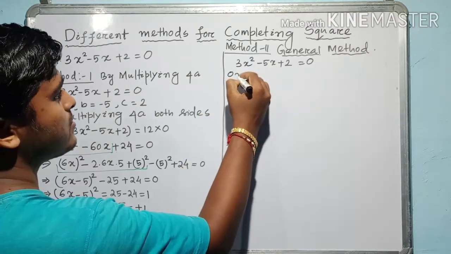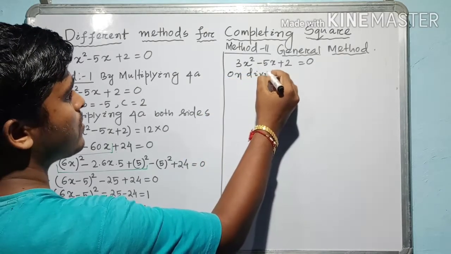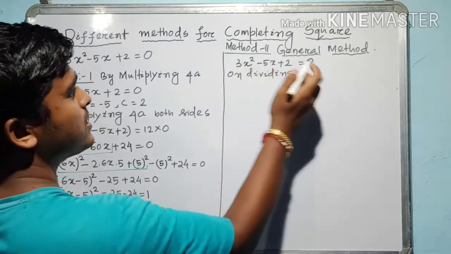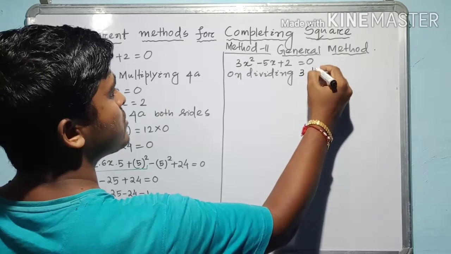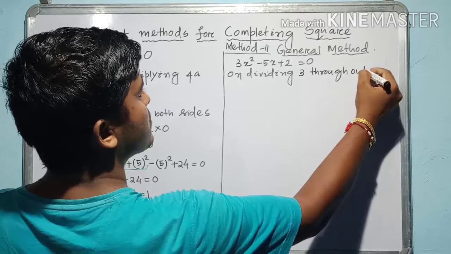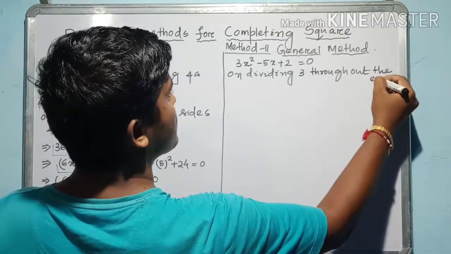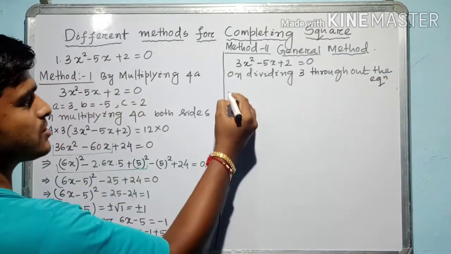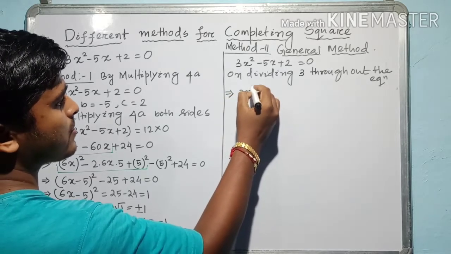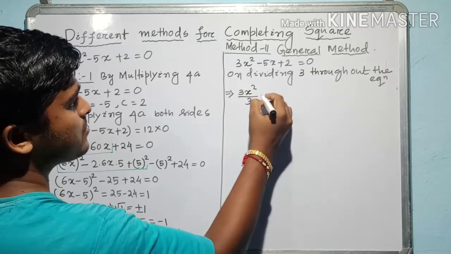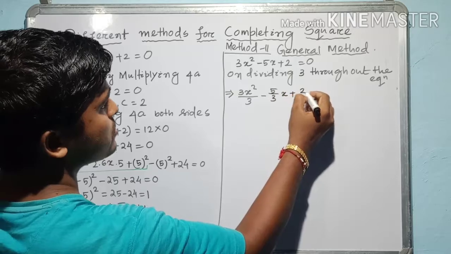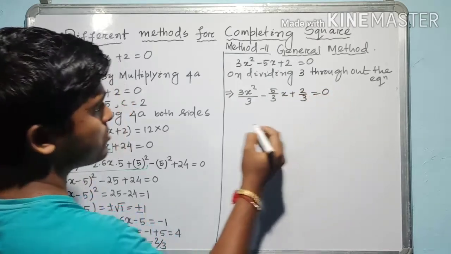On dividing by 3 throughout the equation, this equation becomes 3x square by 3 minus 5 by 3 x plus 2 by 3 is equal to 0.